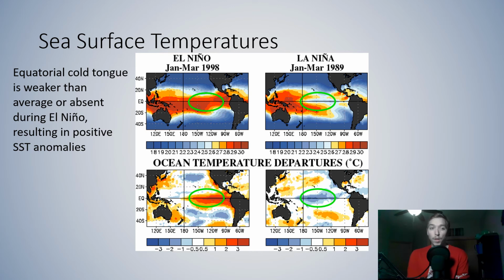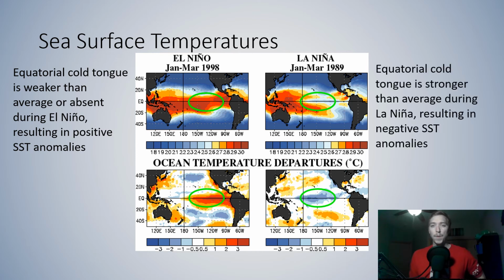So here we can see the equatorial cold tongue is weaker than average or absent during El Nino phases, resulting in positive sea surface temperature anomalies, warmer temperatures. The equatorial cold tongue is stronger than average during La Nina, resulting in negative sea surface temperature anomalies. So what does that look like? Well, you see the green circle there.